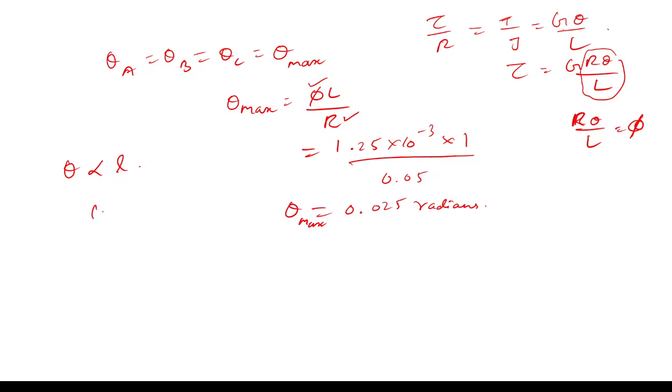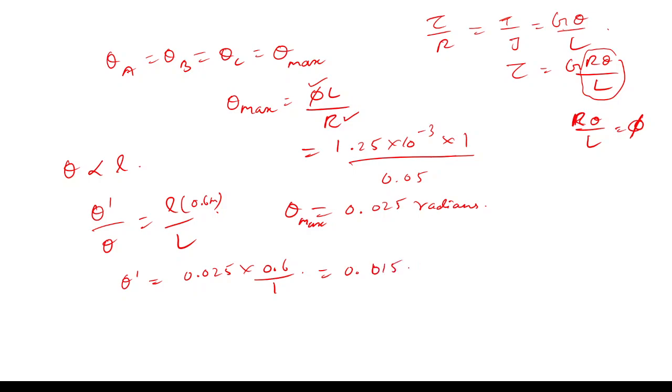I know the theta at the free end. So theta dash divided by theta equals L divided by capital L. So I want theta dash corresponding to a length of 0.6 meters. So it will be 0.025 into 0.6 divided by 1. So it should be 0.015 radians.